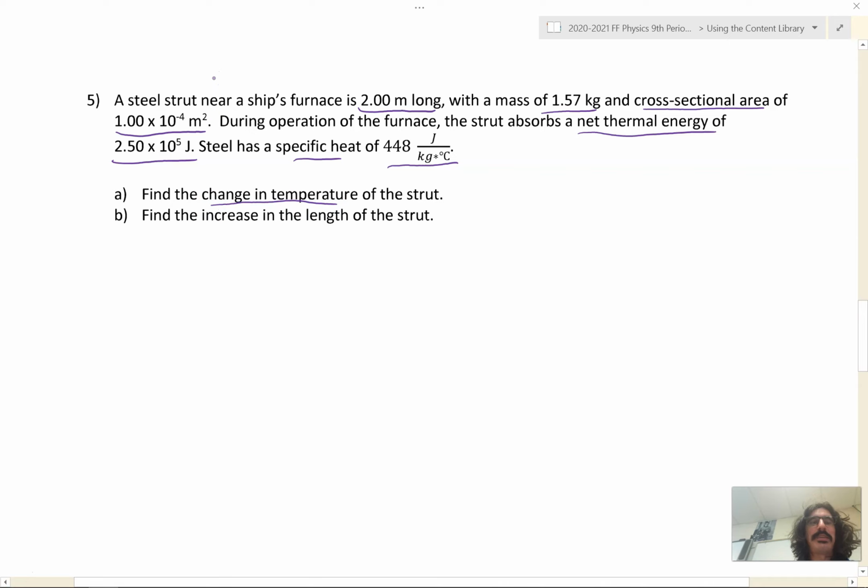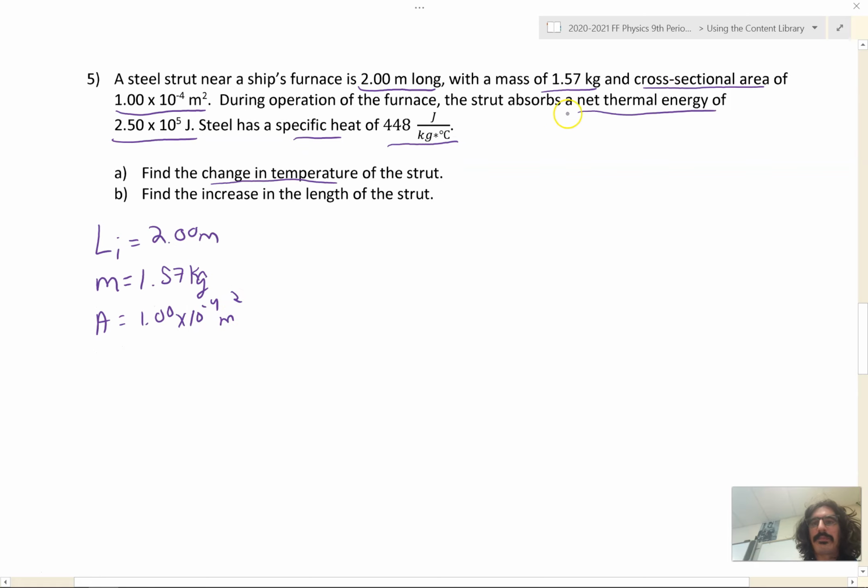Let's start off by writing down our knowns. The initial length is 2.00 meters. The mass, 1.57 kilograms. And a cross-sectional area, 1.00 times 10 to the negative 4th meters squared. It absorbs a net thermal energy.